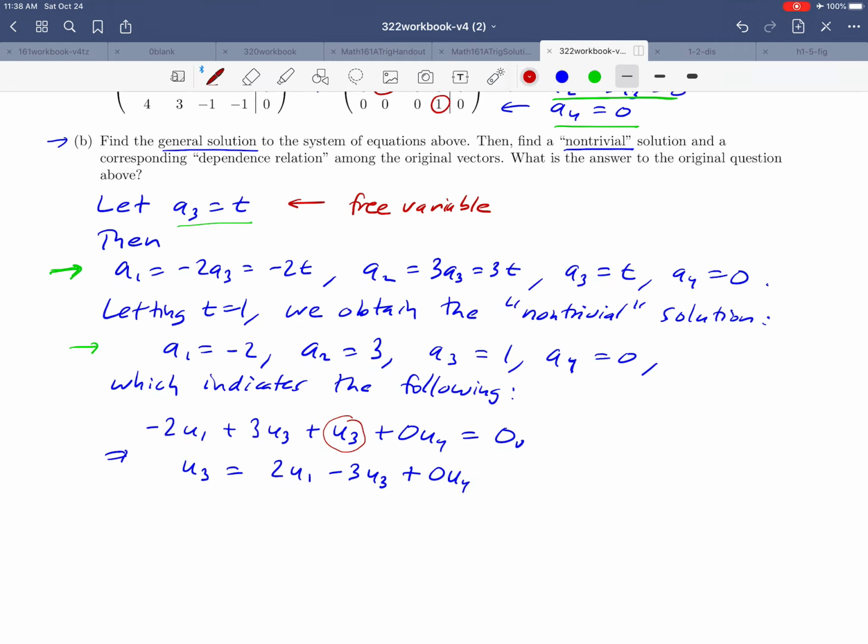Okay, so we've shown a very interesting thing here. We have shown that u3 depends on the other three vectors because we were able to write u3 as a linear combination of u1, u2, and u4. This is what's known as a dependence relation.